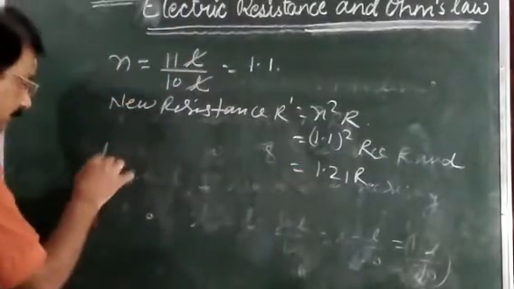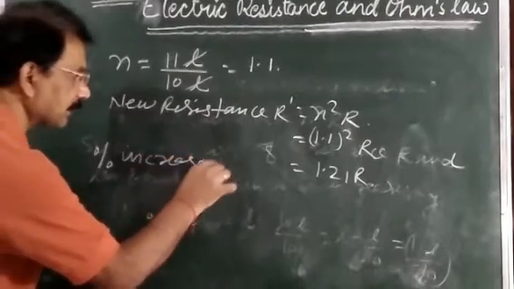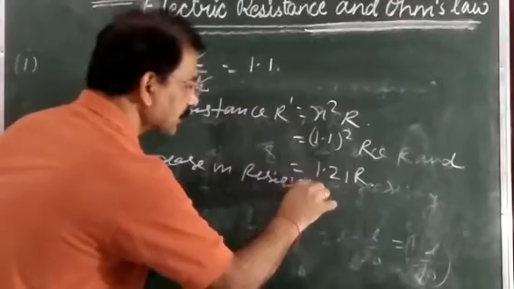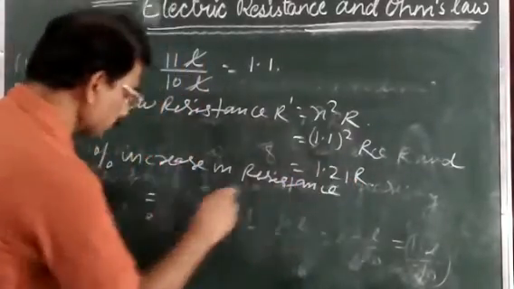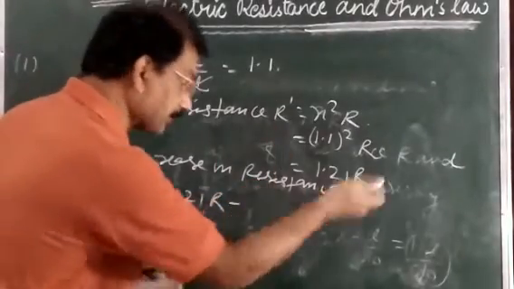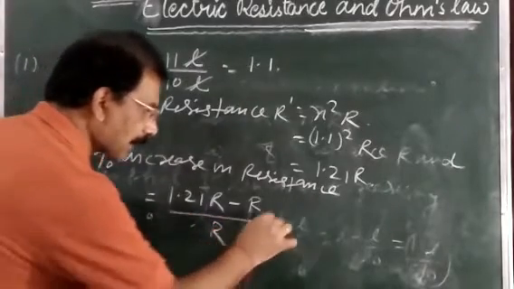So percentage increase in resistance is equal to the resistance after stretching, 1.21R minus initial resistance R, upon initial resistance R, into 100.